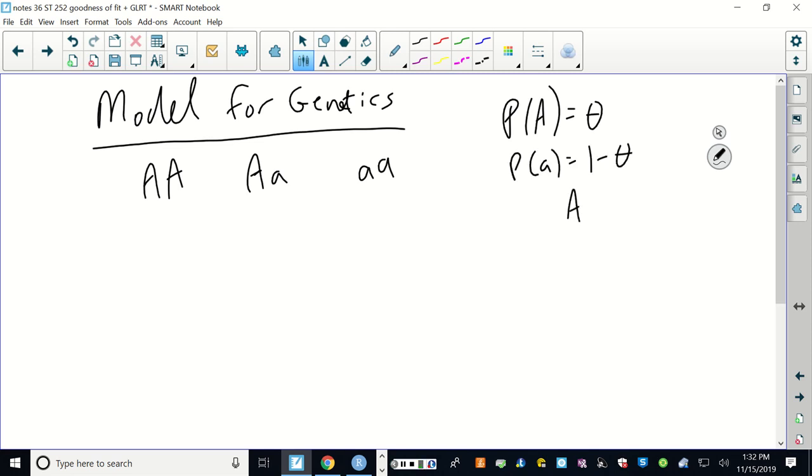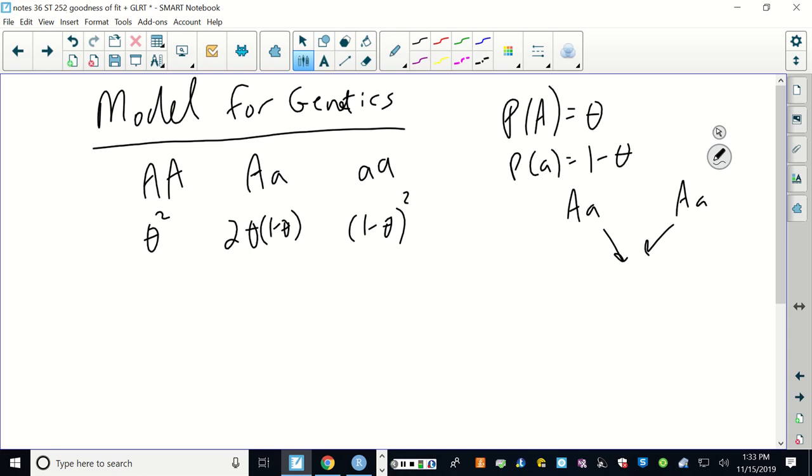You have a heterozygous parent and a heterozygous parent, each one independently giving one of their genes down here. It's not exactly split, but that's the idea. So the probability of getting two of these is theta squared, and two of these little ones is 1 minus theta squared. And then getting one of each is going to be theta times 1 minus theta, or little a, big A, so 2 times that.